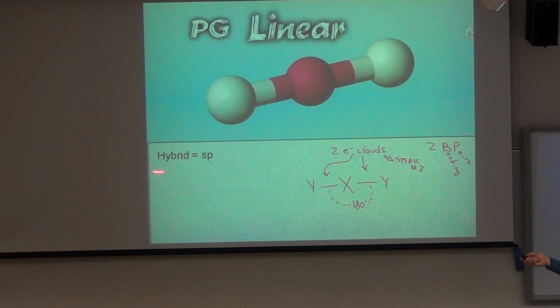And so we refer to this hybrid for steric number 2 as simply SP, or SP1. And as we just said, in this case the bond angle is 180 degrees. And that's obviously going to be the same whether measured from left to right or right to left. That's easy, right?